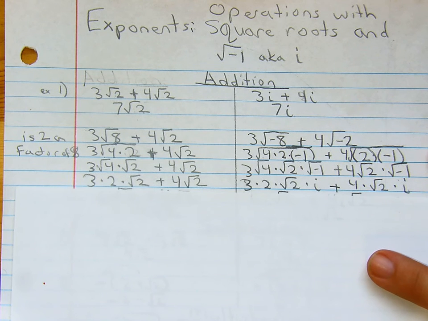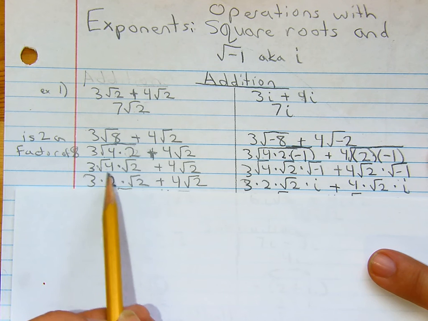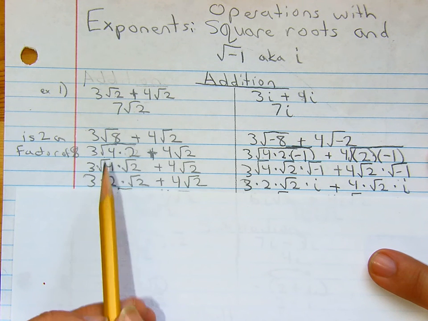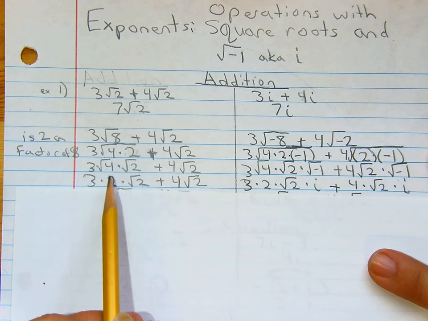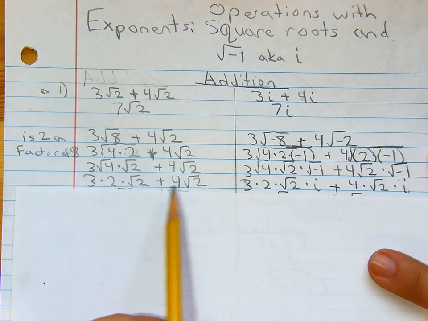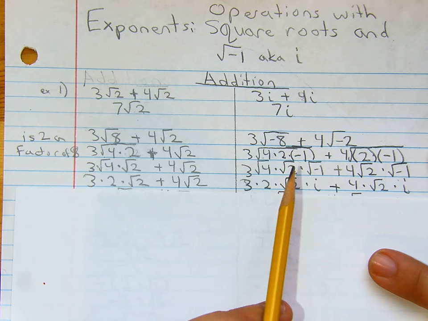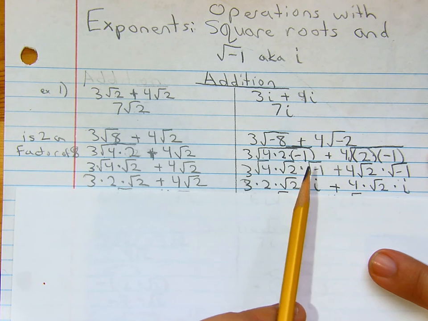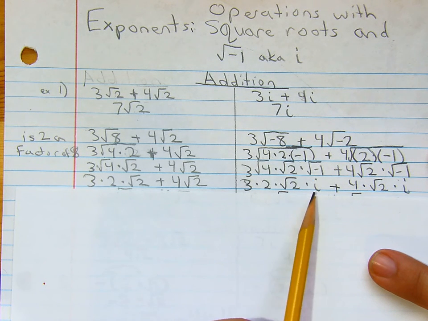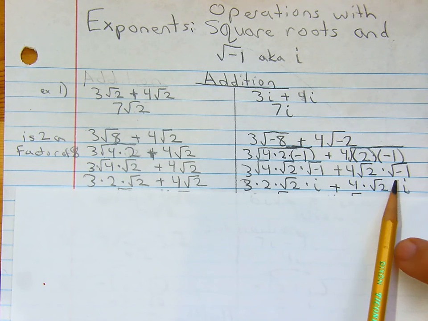I can take the root of each one separately now, which becomes 2. So now I have 3 times 2, because 2 is the square root of 4, times the square root of 2. And over here, I take the root. This guy doesn't change. And the root of -1 is technically i, is what we use to denote that.